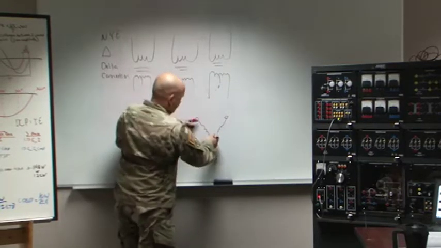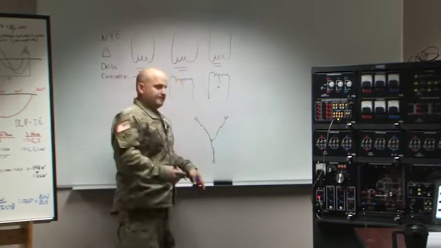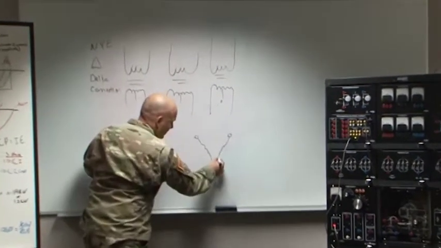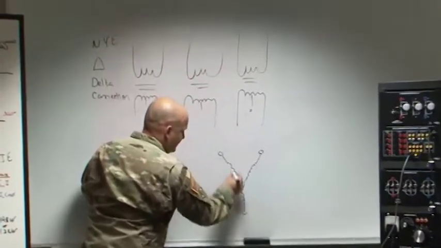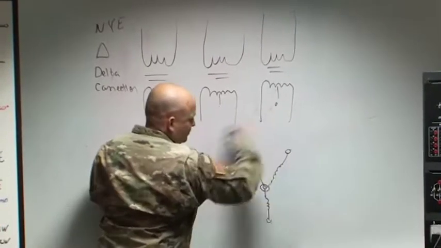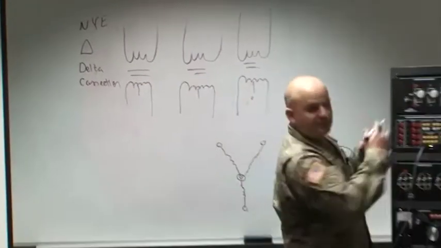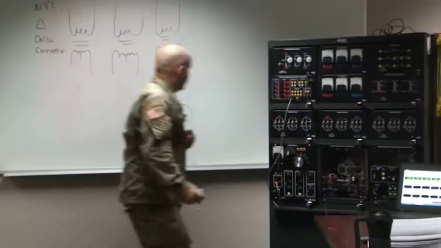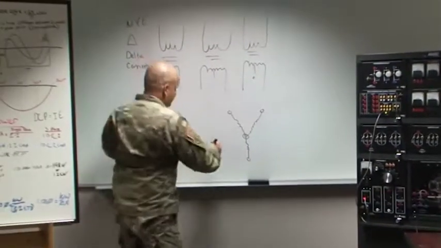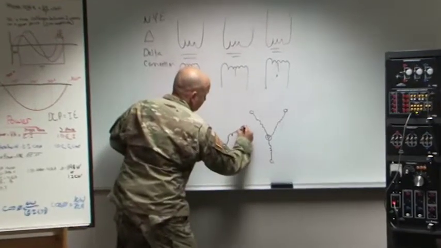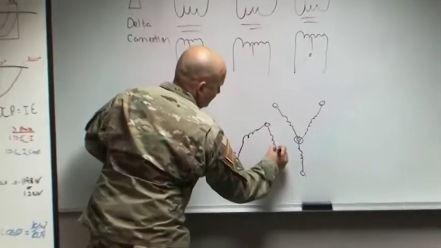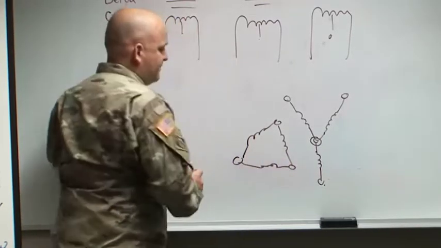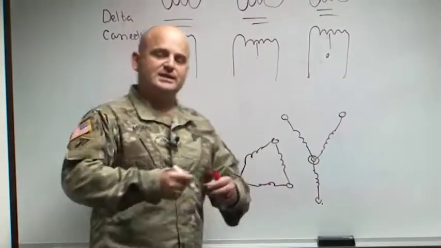We took three individual coils and put all of these points to a common point, and the other points ended up being what we were measuring the voltage off of, by making a common node there. We could have done the same thing hooking it up in delta, because it's all about how we're making these connections.